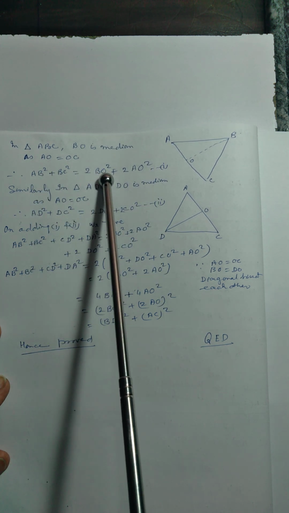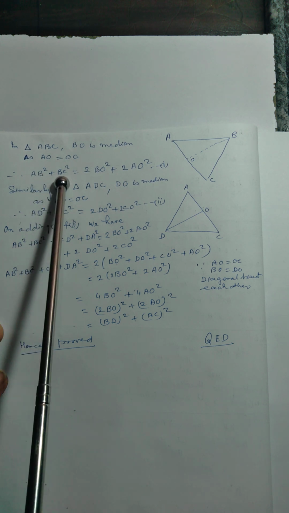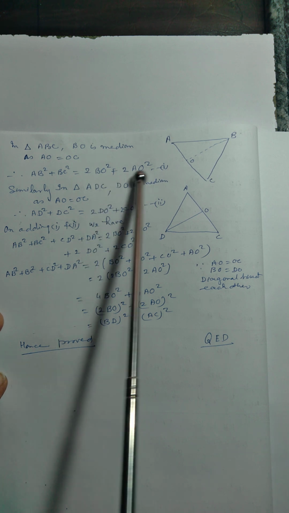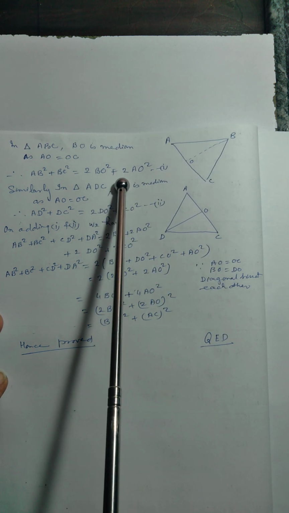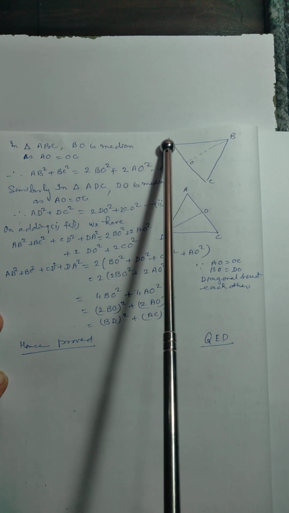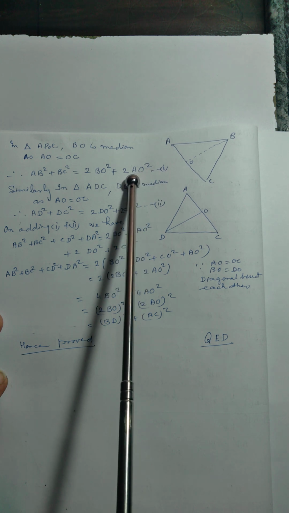That is Apollonius theorem, means the sum of the squares of the two sides is equal to twice the square of the median, means BO, and twice the square of half of the third side, means AO.